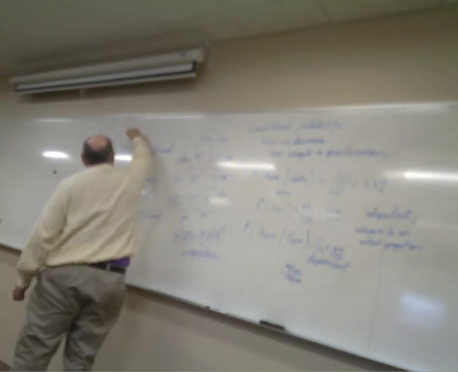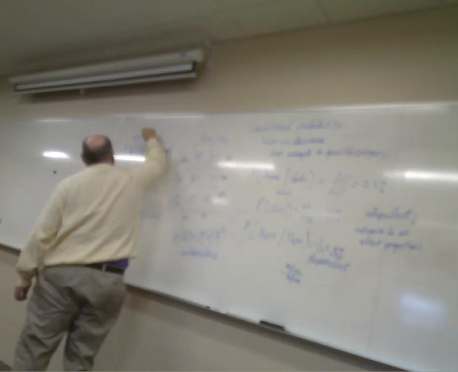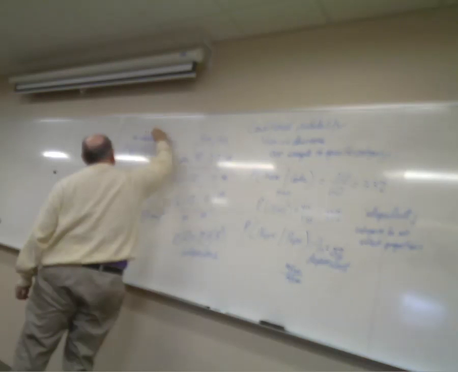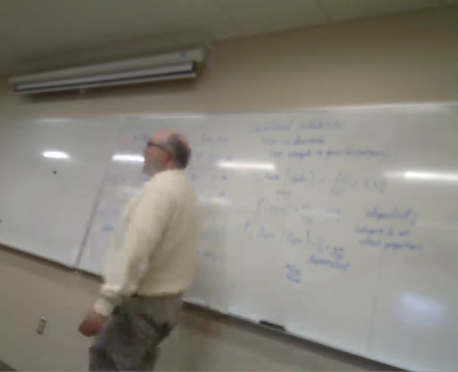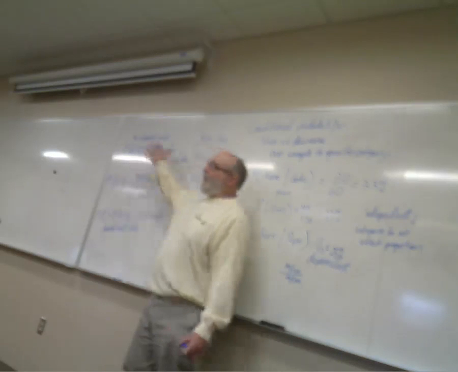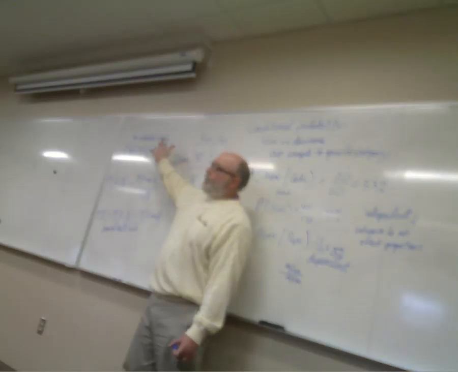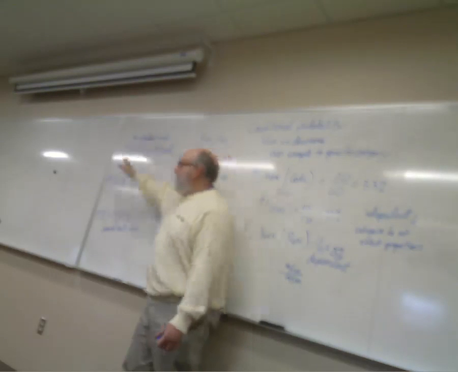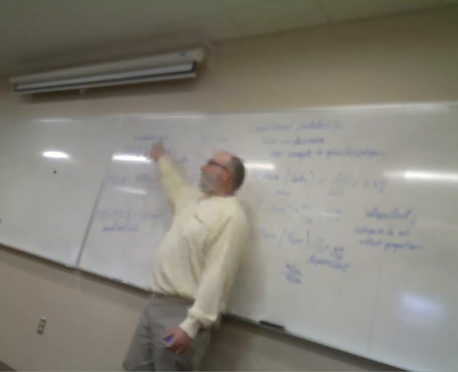This is for independent events. We already know this formula because we used it for the tree diagram. We said if you have a tree diagram, you multiply the probabilities together and it gets the probability of the things both happening.